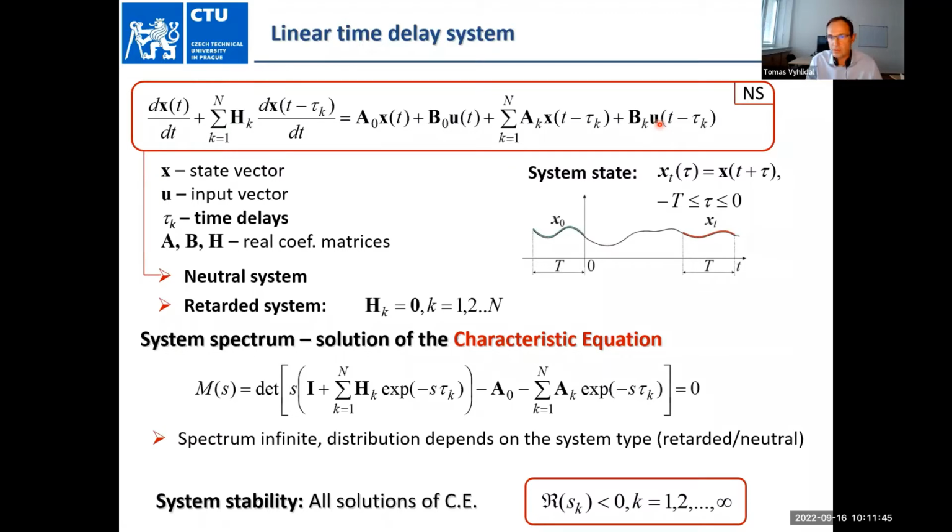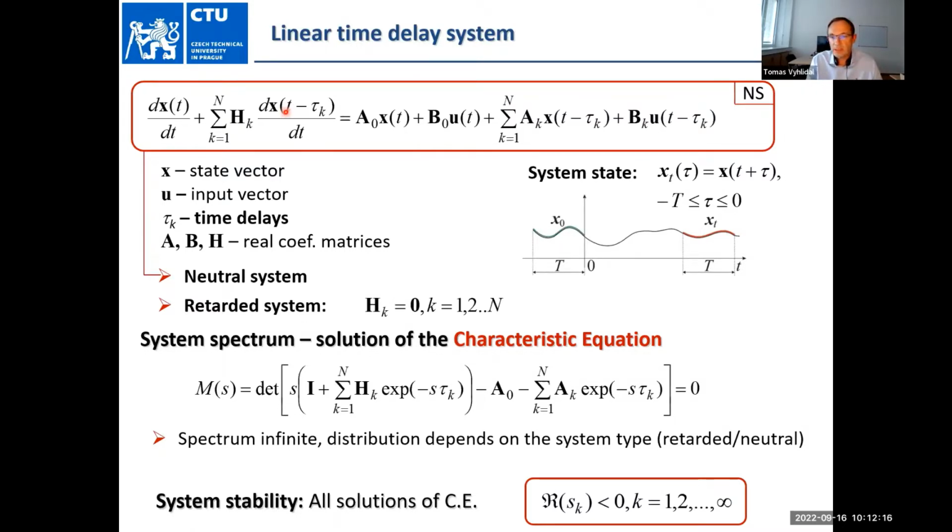We need to use Stieltjes integrals, but structurally it is very similar. This is a general description of a time delay system. Next to the delays in the states and in the inputs, we can have delays also in the state derivative. If this happens, we have a neutral system. Otherwise, we have a retarded system.